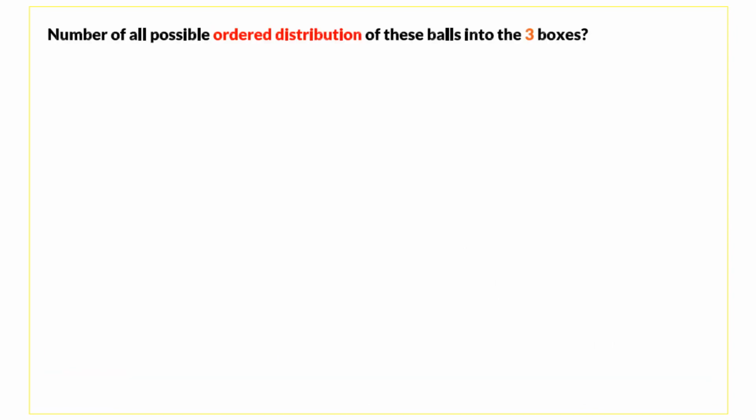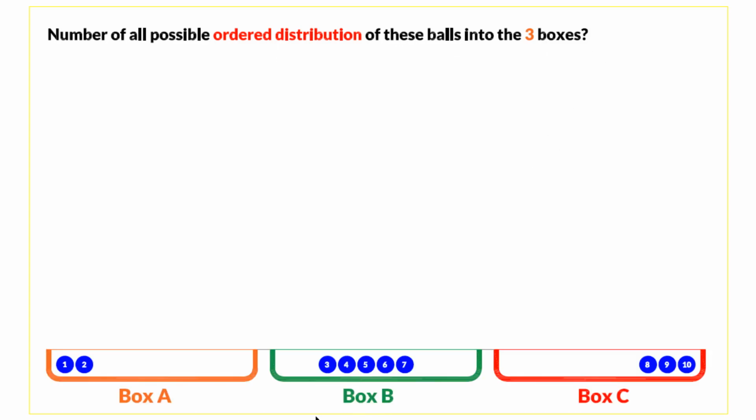So what is the number of all possible order distribution of these balls into the 3 boxes? So let us assume that we have this situation here in which box A has 2 ordered balls, box B has 5 ordered balls, and box C has 3 ordered balls.